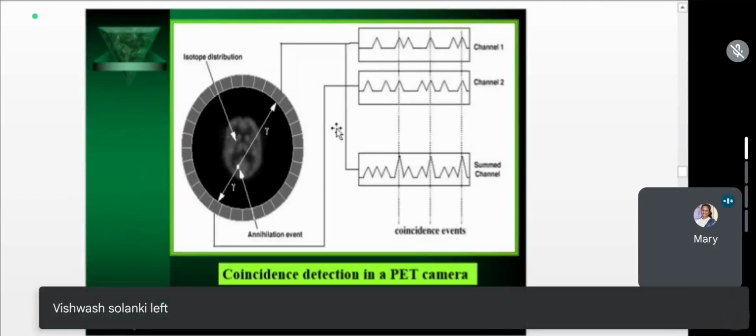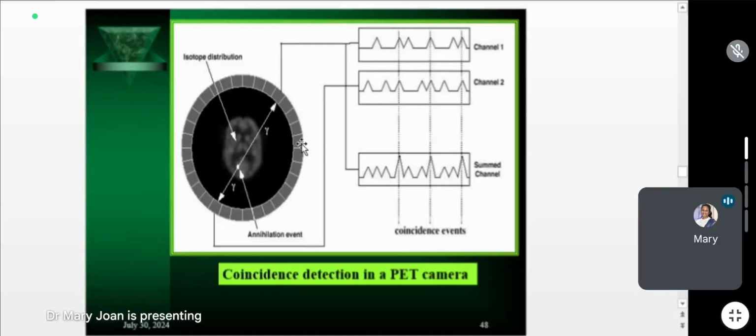So here again you can see a little bit more of how the annihilation detection is taking place. Here you can see this gamma is traveling a shorter distance. This is where the annihilation event took place. So this photon, the one which is coming down, is traveling a shorter distance, while this photon is traveling a longer distance to register at the detector.